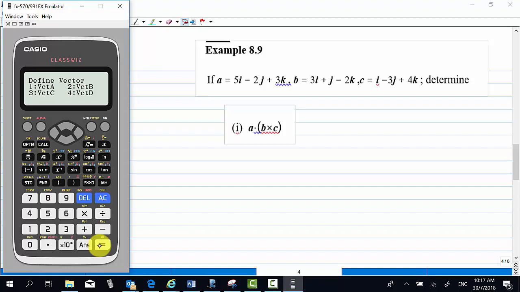So let's try to define A first. So choose 1. A is a 3-dimensional vector. So the first entry is 5, then minus 2, then 3. So this is the first vector.